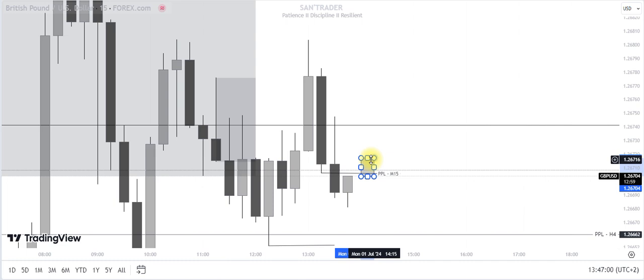Okay, I'll go to M1. So remember, PPL can be used as continuation or as what, reversal.